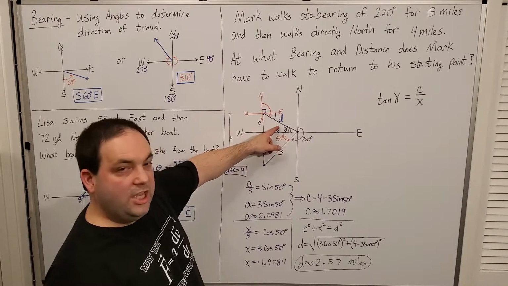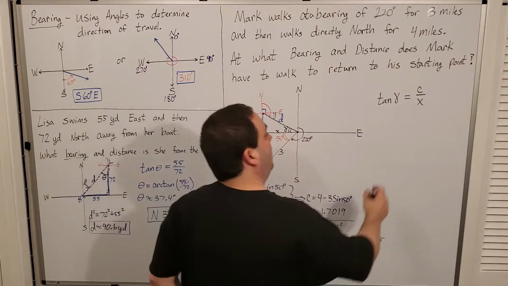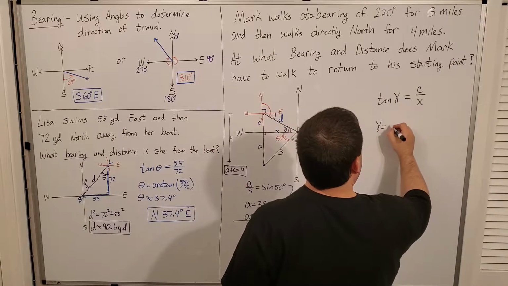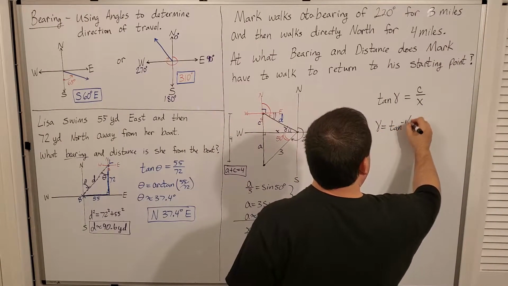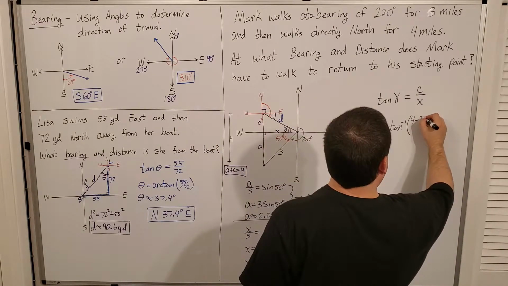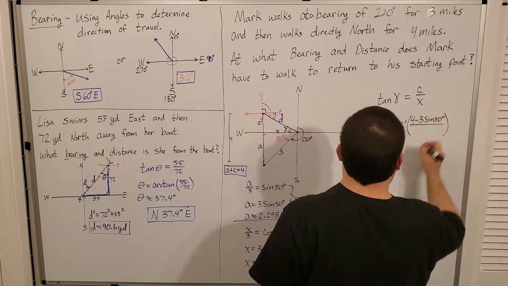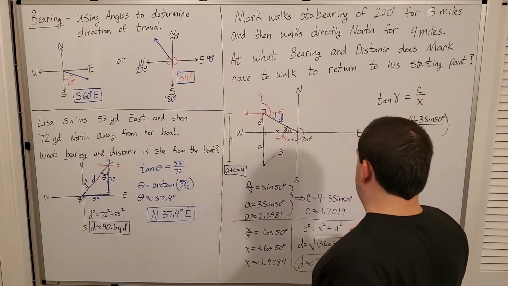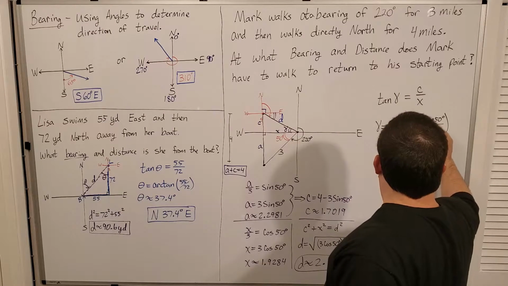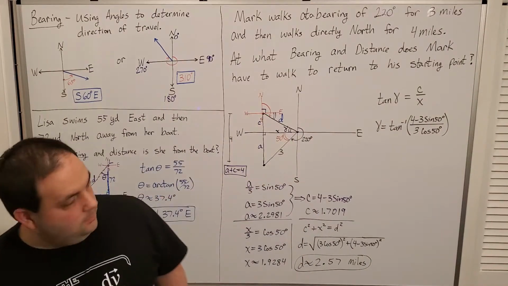I know that it's acute, so I can get away with just doing the arctangent here. Okay? So gamma is going to be equal to inverse tangent of C, which is 4 minus 3 sine of 50 degrees, divided by X, which is 3 cosine of 50 degrees.